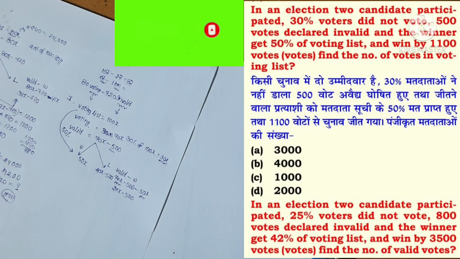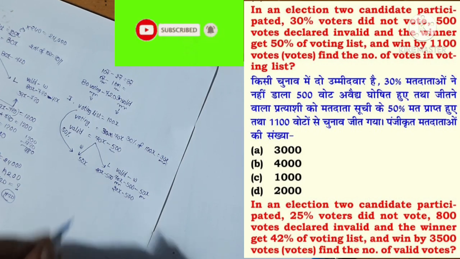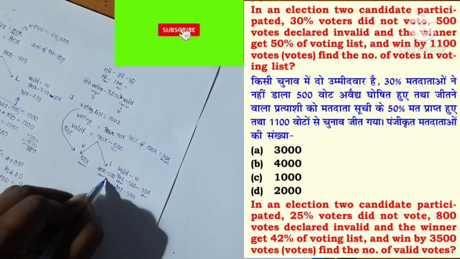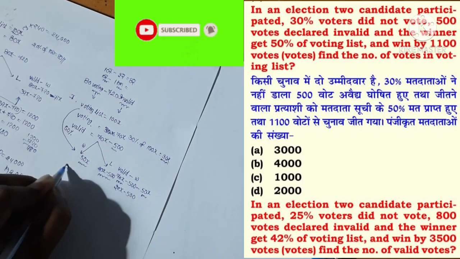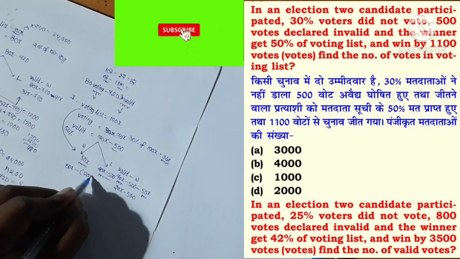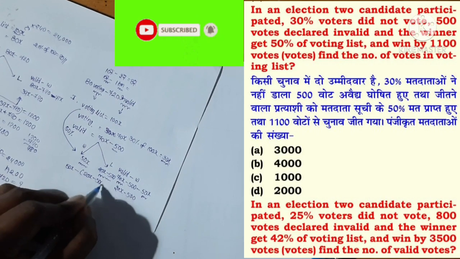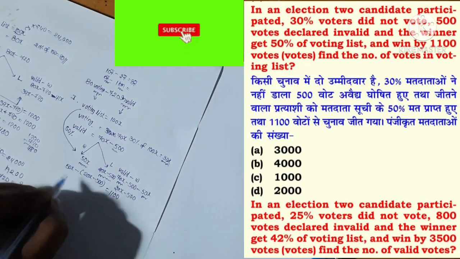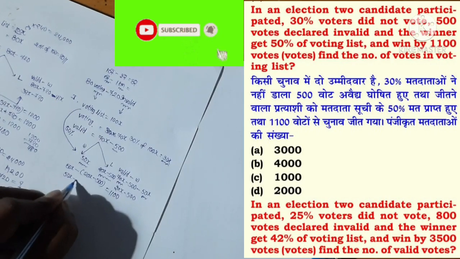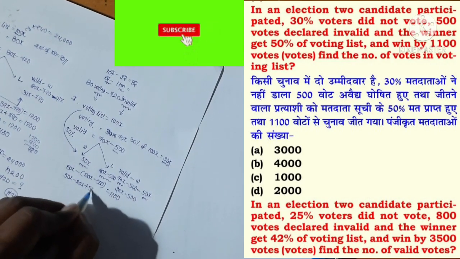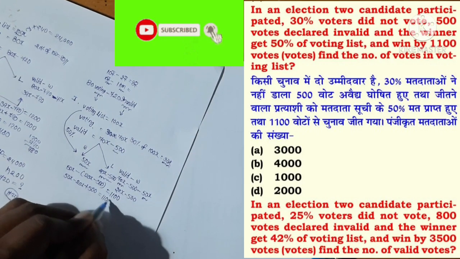And the winner will win by 1100 votes. So majority is winning minus losing. So 50x minus (20x minus 500) is equal to 1100. So 50x minus 20x plus 500 is equal to 1100.